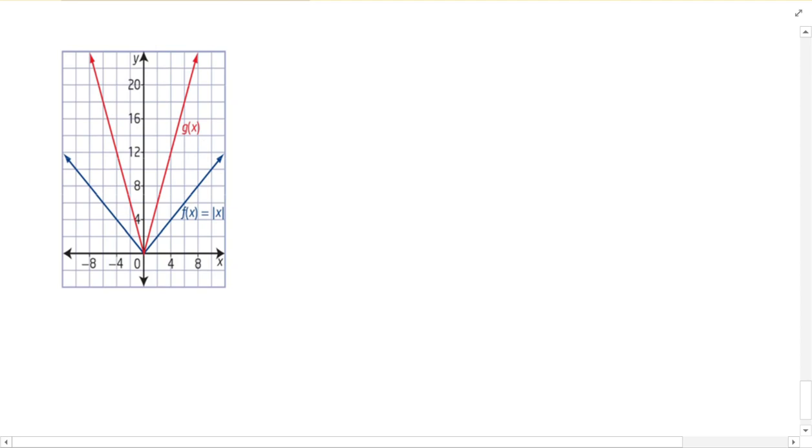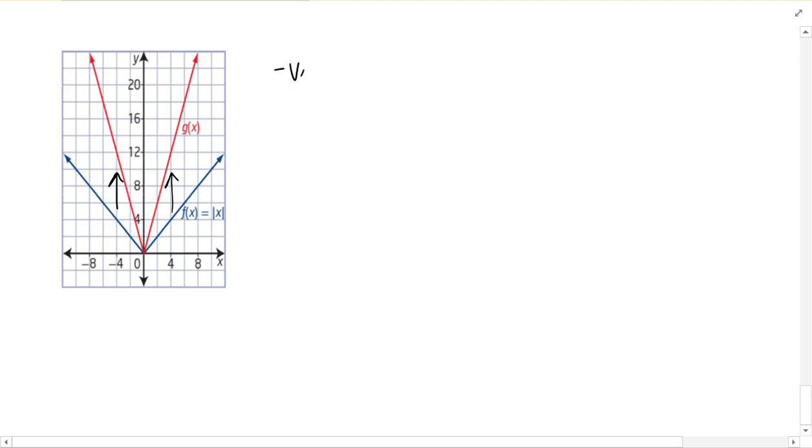So g of x is still the transformed one. Now, when I look at this graph, I am seeing a vertical expansion. That red graph is pulled upwards from the blue one, kind of pulled upward like so to make it look like that.